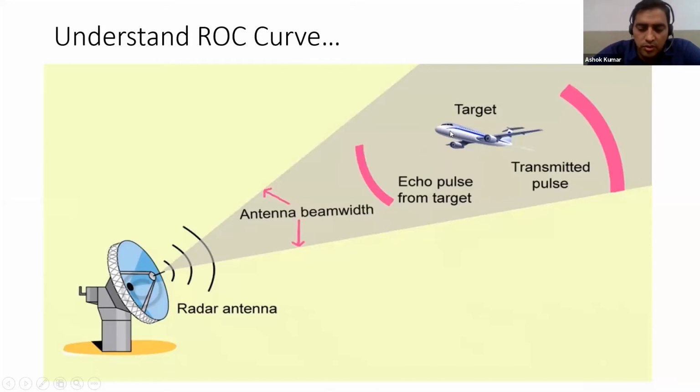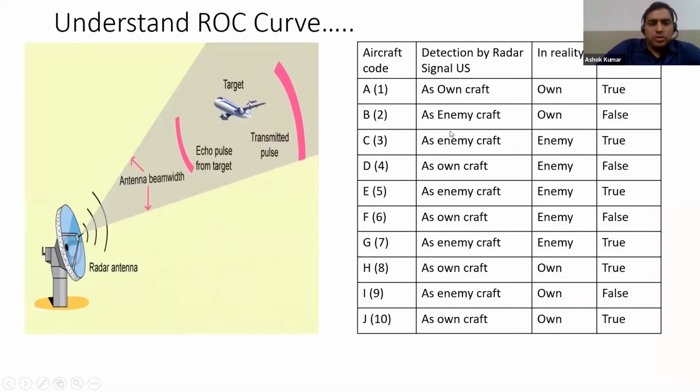Suppose there are 10 aircraft, codes 1, 2, 3, 4, 5, 6, 7, 8, 9, 10, and detection by radar signal, US, United States. This is just an example. And these are the final results, fail or pass.